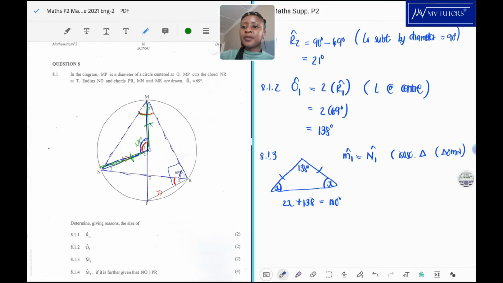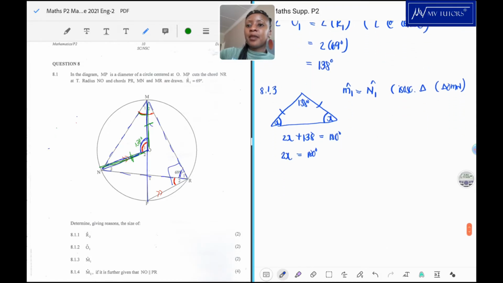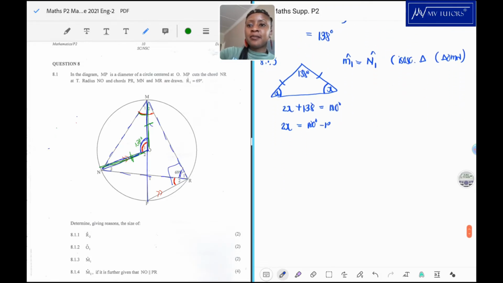So now to get this x, I will say 2x is equal to 180 minus 138 degrees. So 180 minus 140, that's 40, minus 2, that's 38. No, I'm kidding. Let's just use the calculator. So 180 minus 138 should be 42. Yeah, it should be 42.